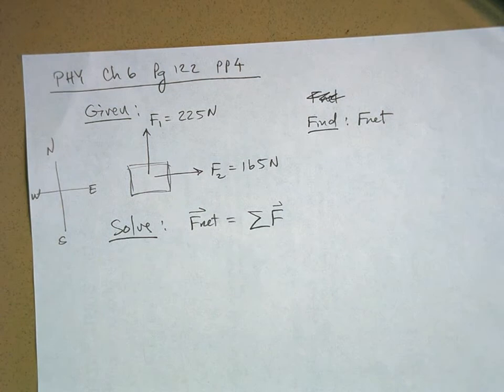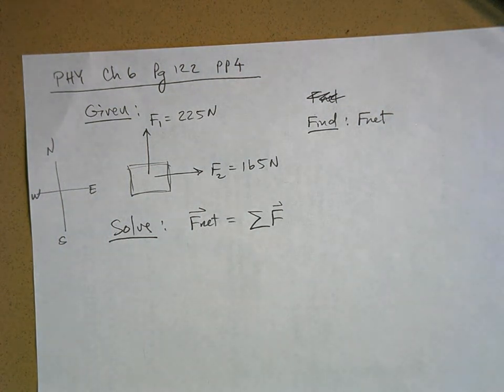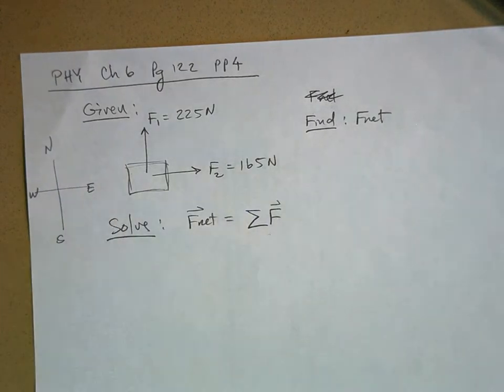There might be a force of friction, or a force of gravity and a normal force and all that, but we're looking down on it. These are the only two forces they gave us, so we're just going to assume these are the only two forces acting on the object. So the net force is what we get when we add these forces together, but these forces are vectors, so we have to use the vector addition that we learned in the last unit.